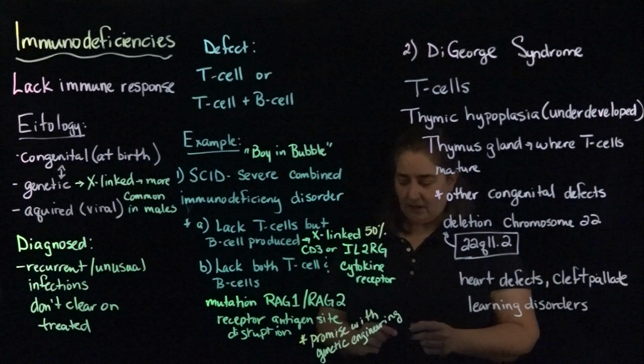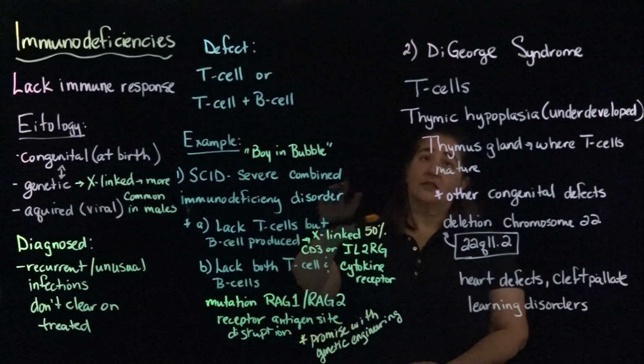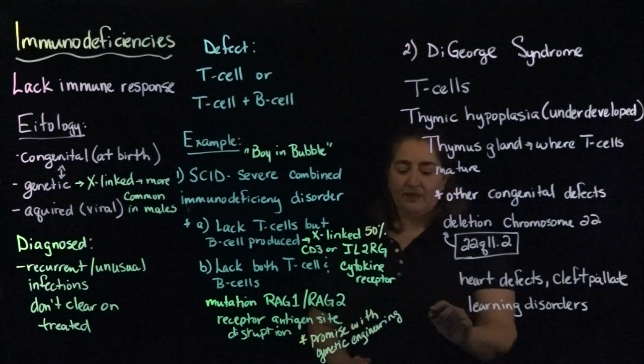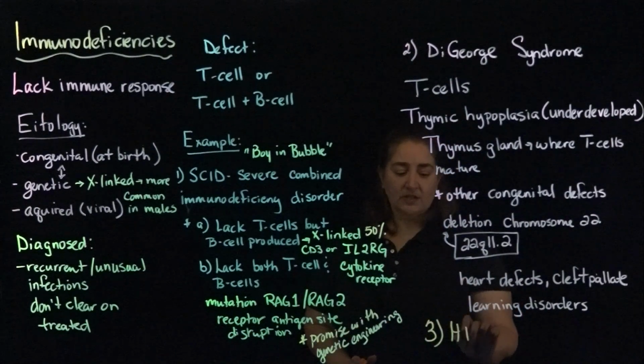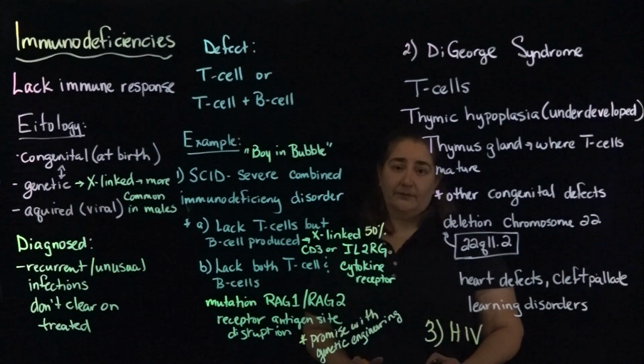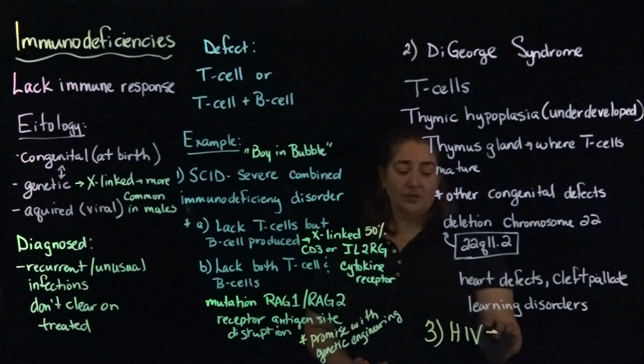Okay? So we've got, for our immunodeficiencies, SCID, DiGeorge syndrome. The other immunodeficiency we're going to cover in this course is going to be HIV. All right, and I've run out of board space, so I can't include it much on this one.